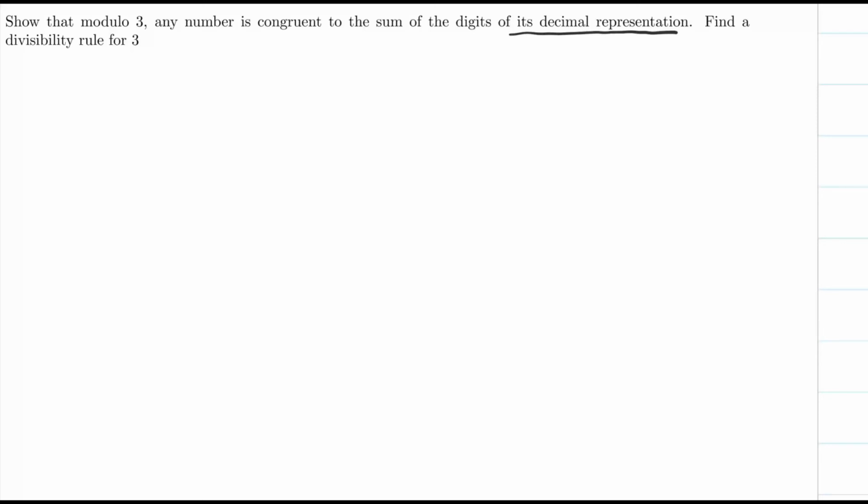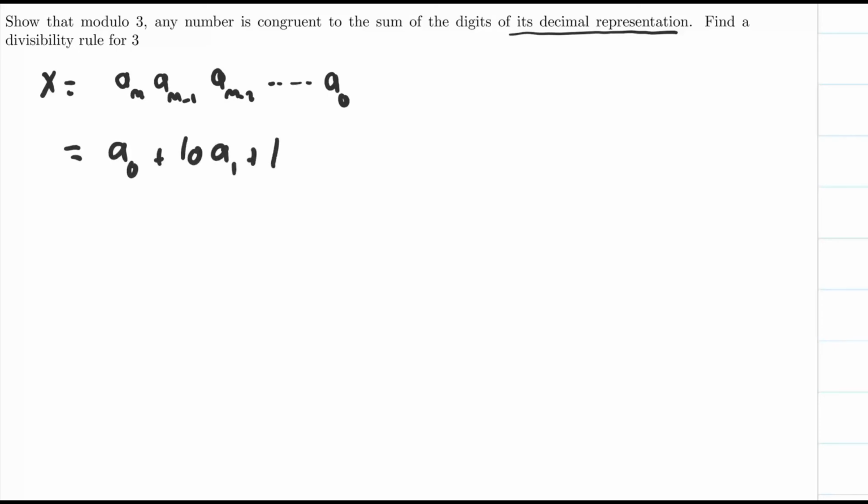Suppose I have a number, let's say its decimal representation is a_n, a_(n-1), etc., till a_0. Let's call this number x. What does this mean for x? It means that x is equal to a_0 plus 10 a_1 plus 10 squared a_2 plus etc., until 10 to the power n times a_n.